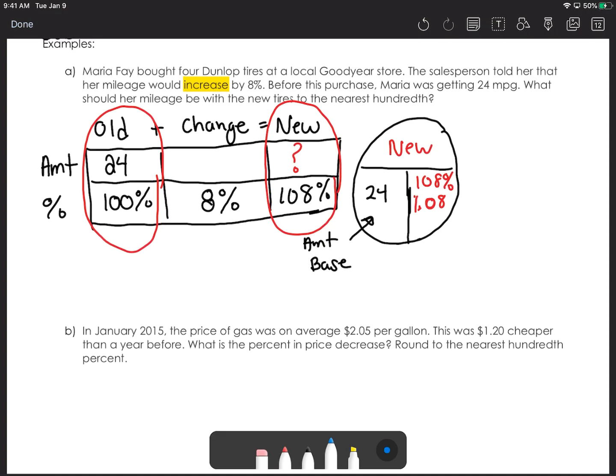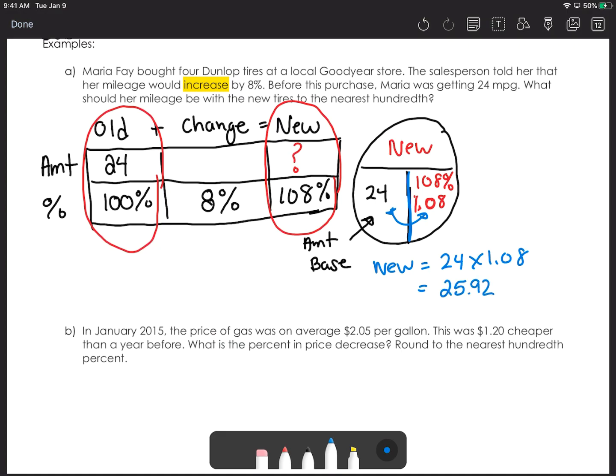So when we work this out, we're going to get that the new value is 24 times 1.08. Now I'm using multiplication because what's separating the two values that I know is the multiplication line. And when we work that out, we're going to get 25.92.